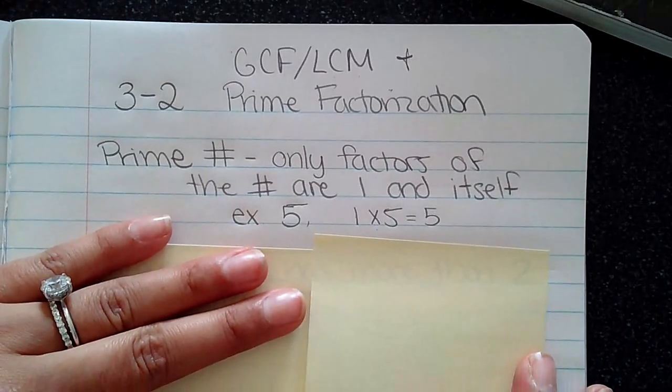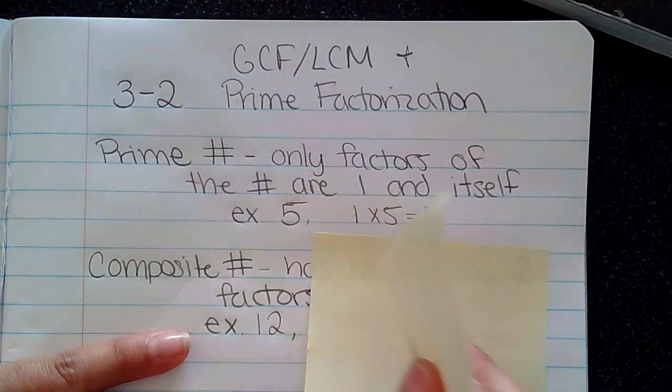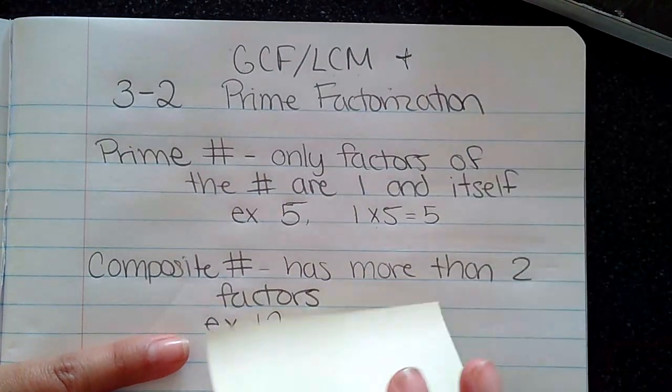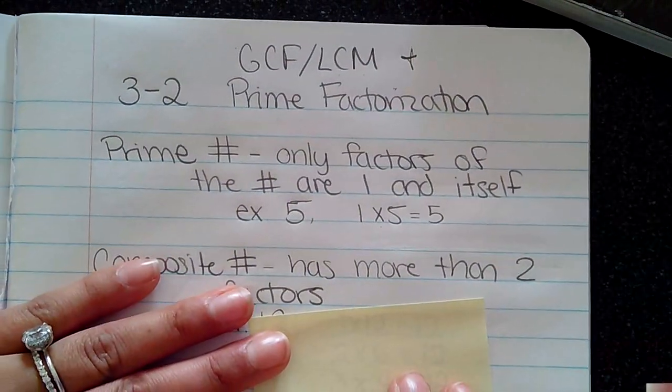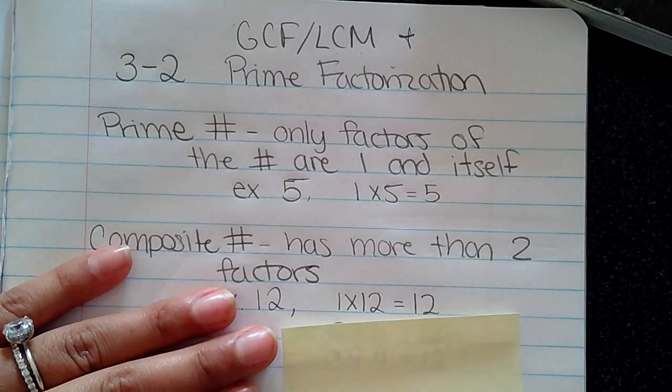So then we also have composite numbers. Okay, composite numbers are all the other numbers. These numbers have more than two factors. So for example, the number 12.